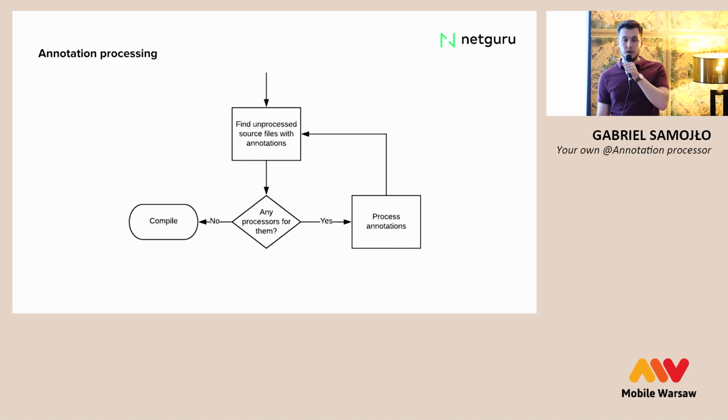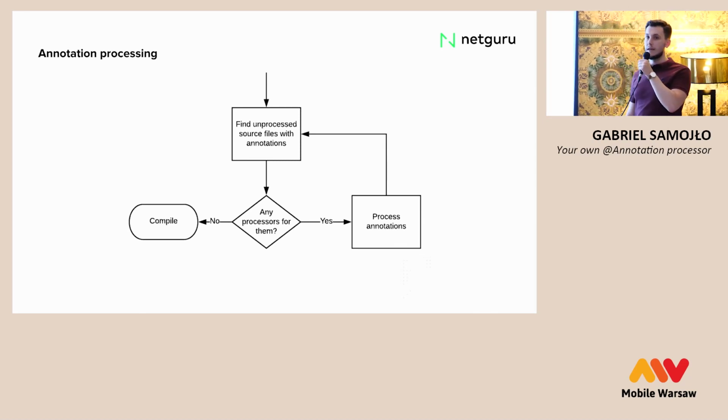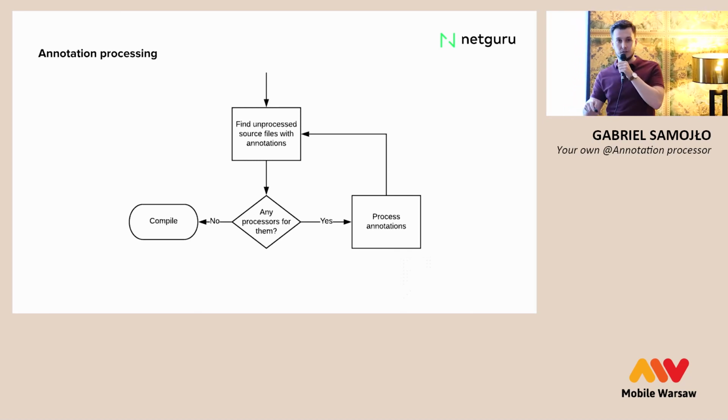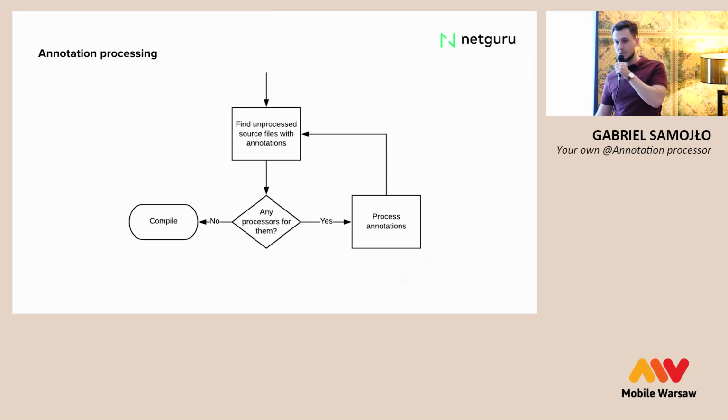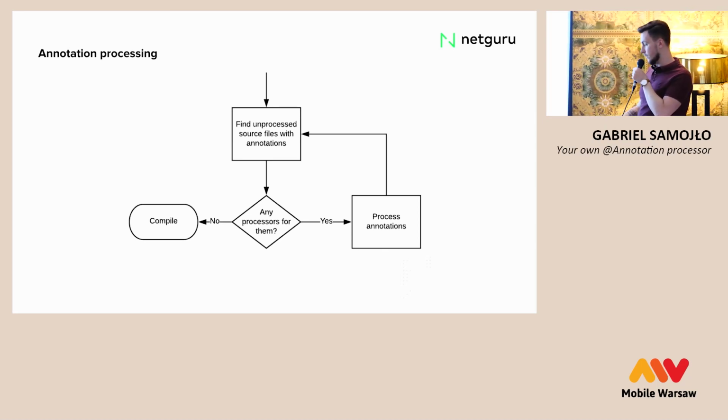And what can the processor do with that? Almost everything, because it can create some source code from it. It can also raise an error, for example, abort the build. So you can have some bookmarks in your application that you mark with, okay, crash me, and it will crash the build, because you don't want to have this code in production, for example.